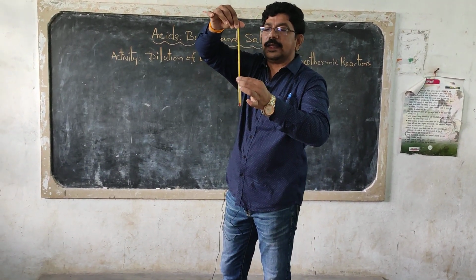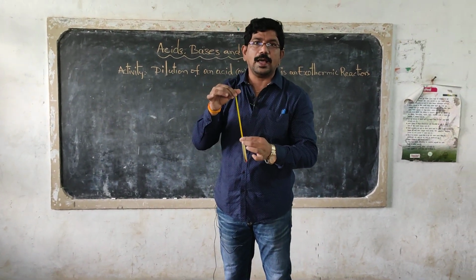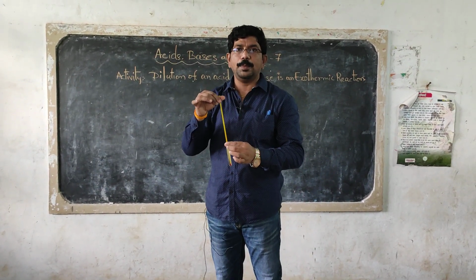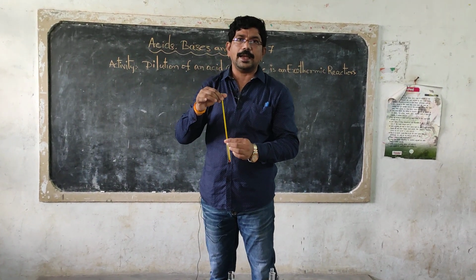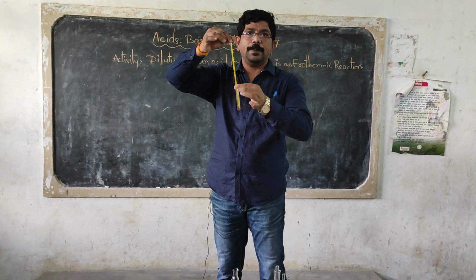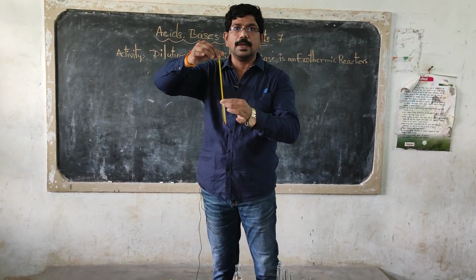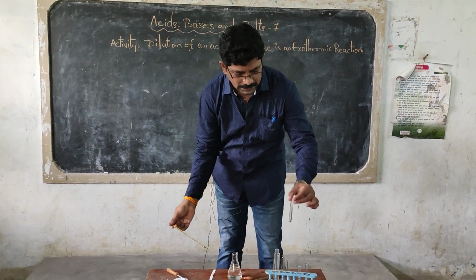Again, heat is liberated while diluting the base. So from this lab activity, we can conclude that dilution of an acid or a base is an exothermic reaction. Are you clear about that, children? Okay. Next.